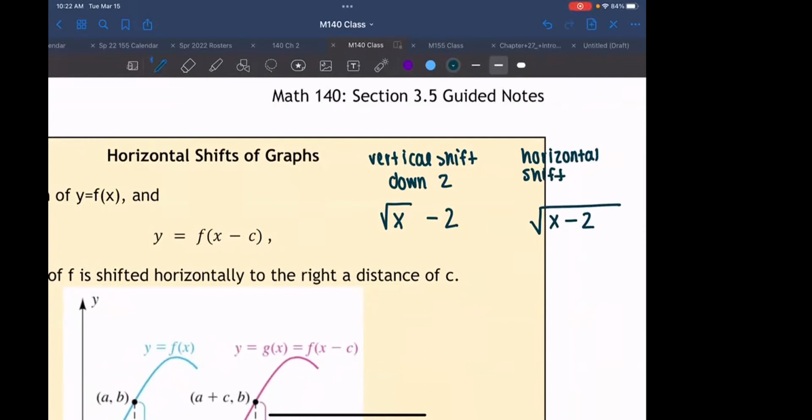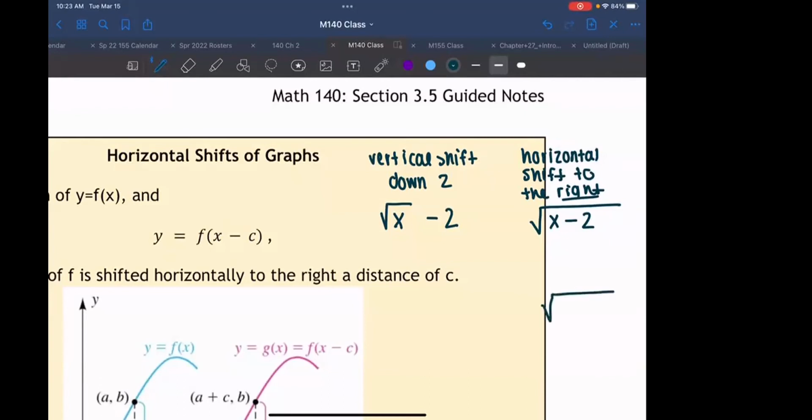Now I'm subtracting off 2, and I'm going to try to explain this a little bit better here. If we're subtracting off a 2, we're actually shifting to the right. I know that sounds counterintuitive. Negative is to the right here. Let me show you another example.